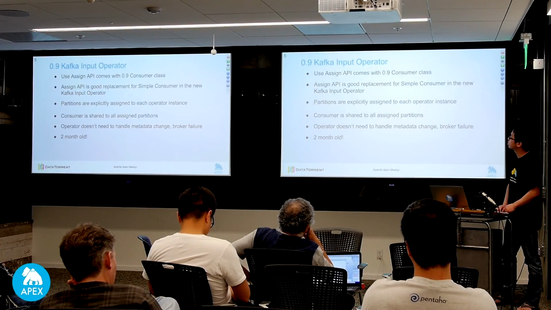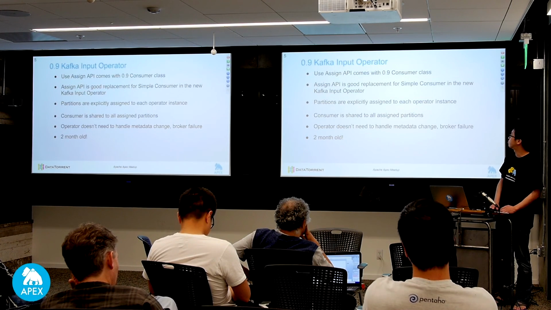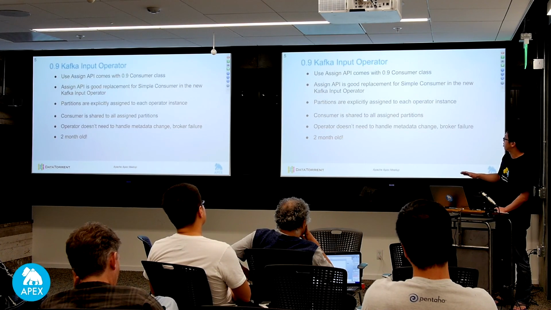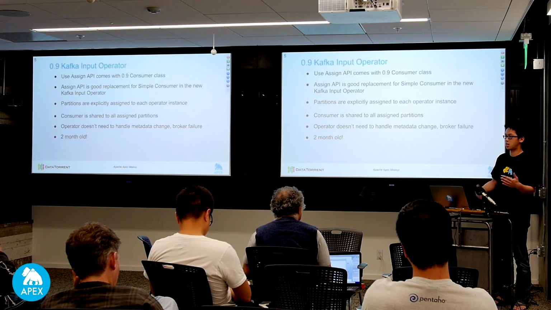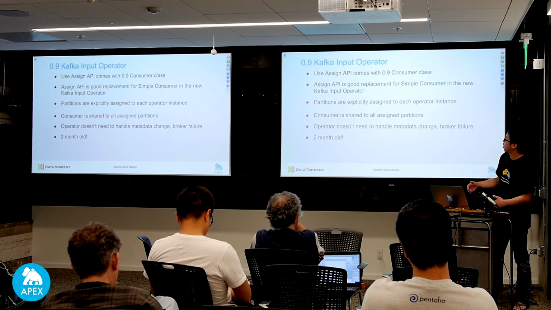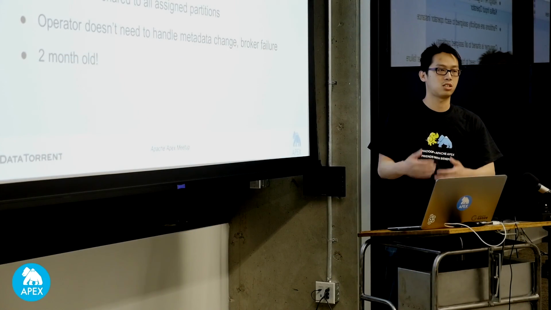Some highlights about the new Kafka input operator we just released. In the new Kafka input operator, we use the assign API that comes with the 0.9 consumer class. The assign API is a very good replacement for the simple consumer we used in the old input operator, because we are still able to explicitly assign which Kafka partitions we want for each input operator instance, and then inside the consumer, it handles the metadata change internally.